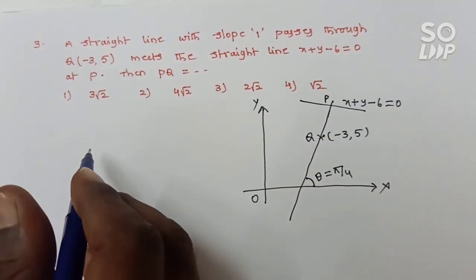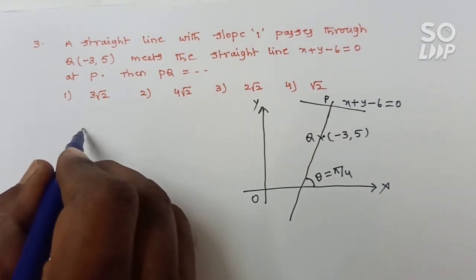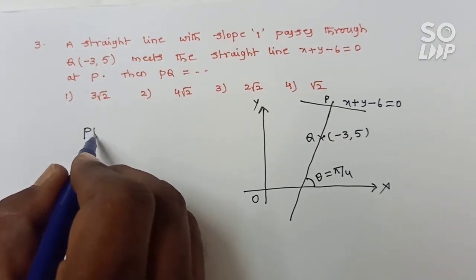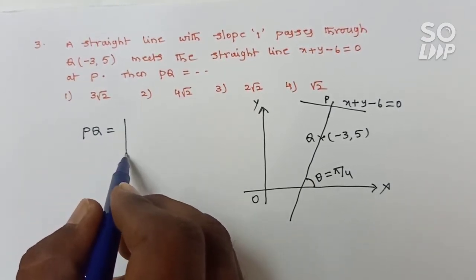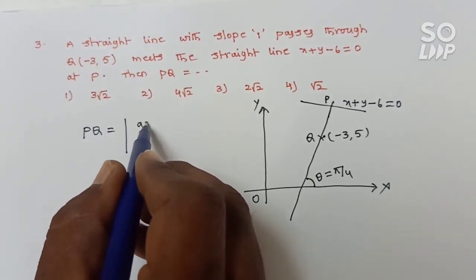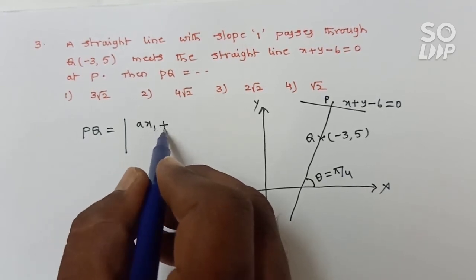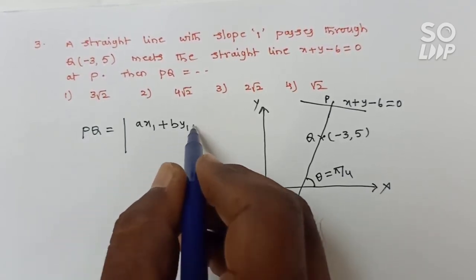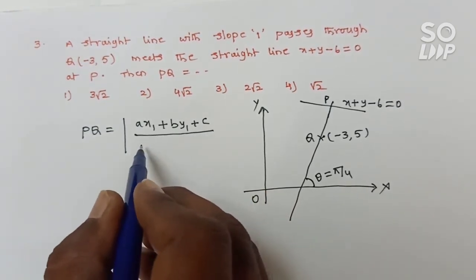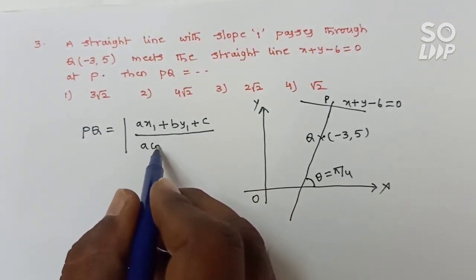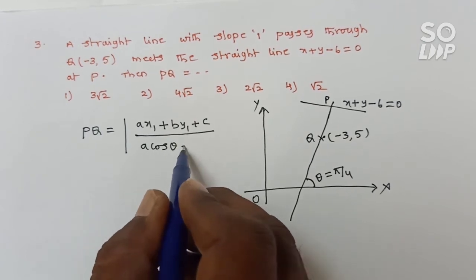We already know the shortcut formula: PQ is equal to modulus of A x1 plus B y1 plus C, whole divided by A cos theta plus B sin theta.